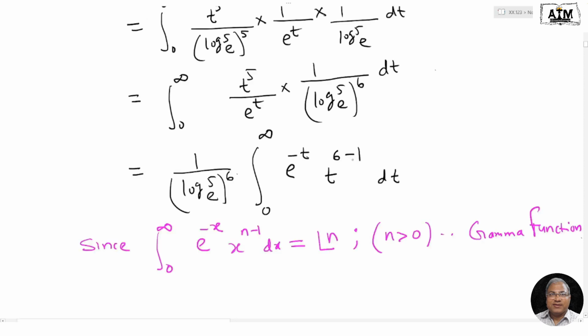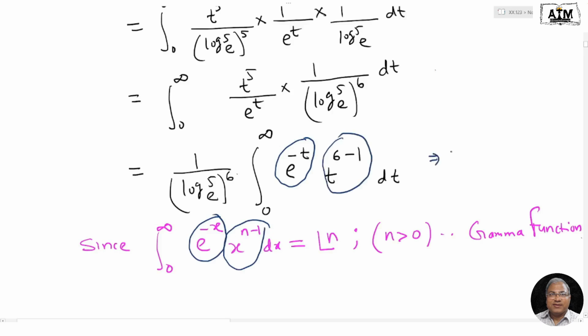I have written 6 minus 1 so that there is an exact match with the standard formula of the gamma function. Here e raised to minus x, here e raised to minus t; here x raised to n minus 1, here t raised to 6 minus 1, which implies n equals 6. So we have converted the given problem into the standard form of the gamma function. The result of this is gamma n, that is gamma 6.